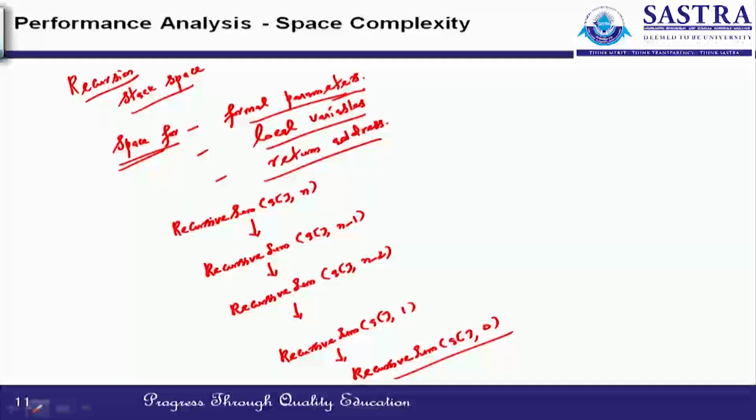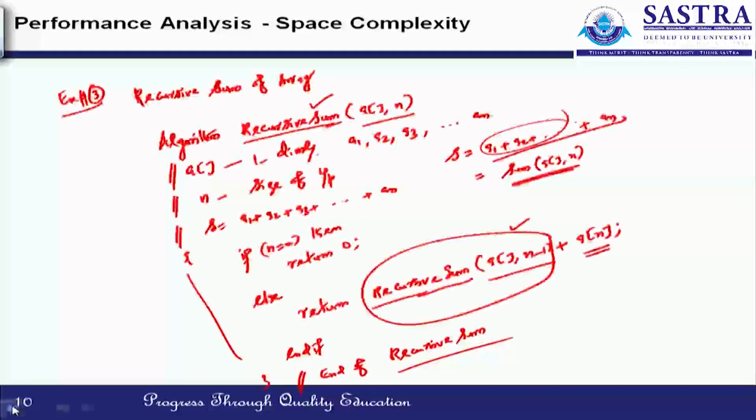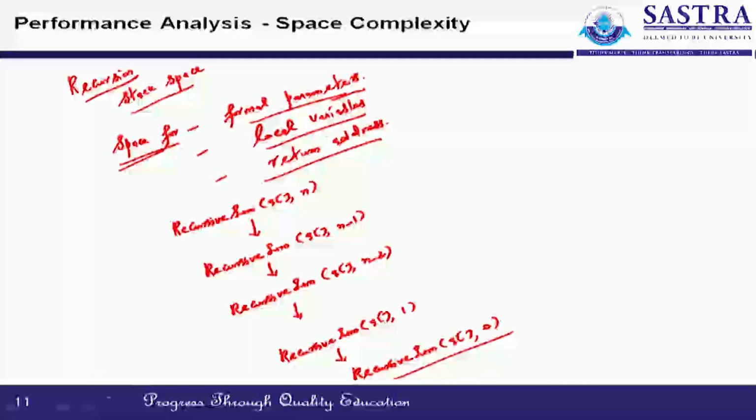Clearly, we have defined the termination condition. When the parameter n becomes 0, that means in the function call, if the actual parameter n becomes 0, then the recursion is terminated, since the function returns a value 0. If n is equal to 0, the value to be returned is 0.